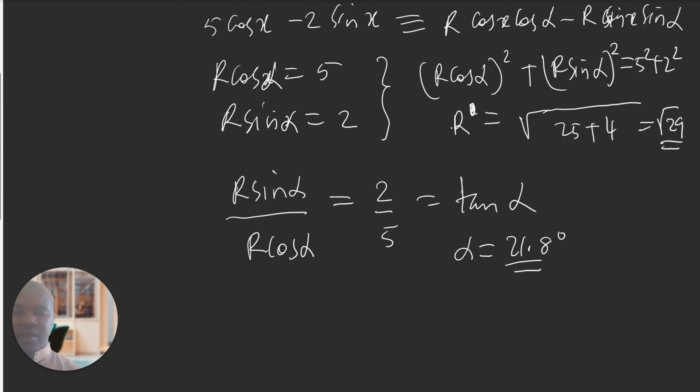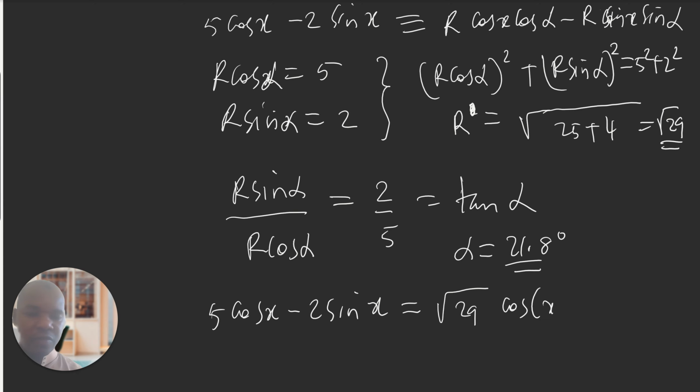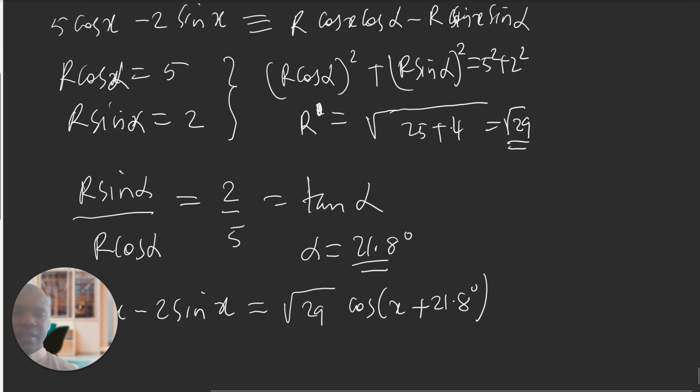So we can say now that 5 cosine x minus 2 sine x is equal to square root of 29 cosine of x plus 21.8 degrees, and this is equal to the other side value, which is 2.